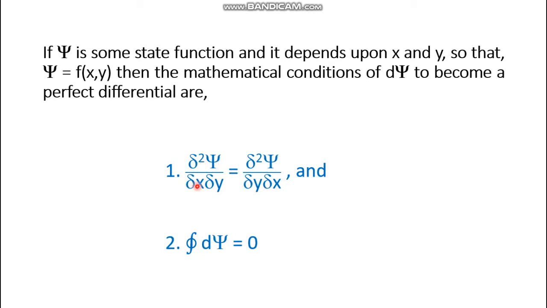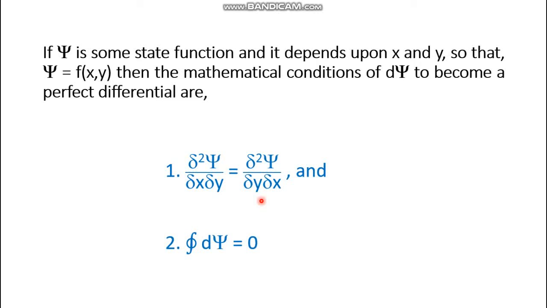You are just operating on the psi function twice by applying different operations. First you differentiate with respect to y, keeping x constant, and the result obtained is differentiated with respect to x, keeping y constant.